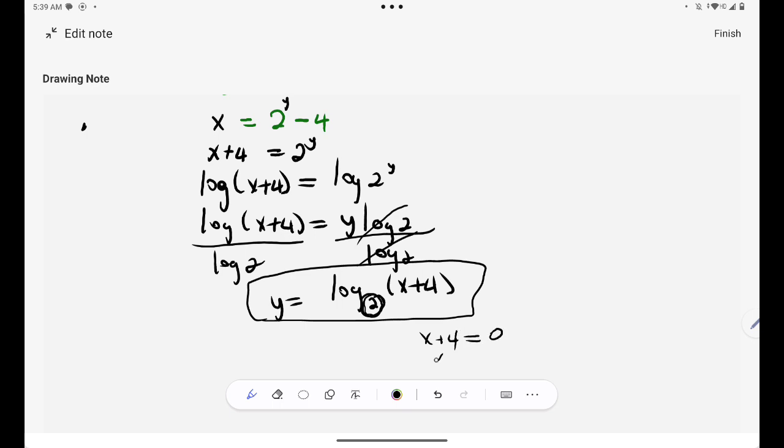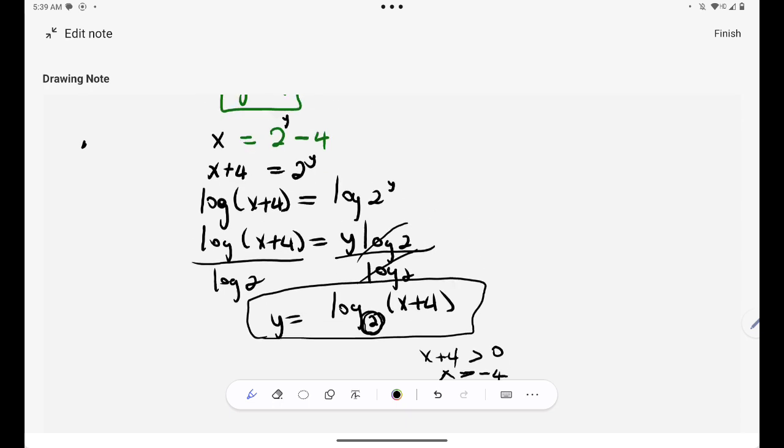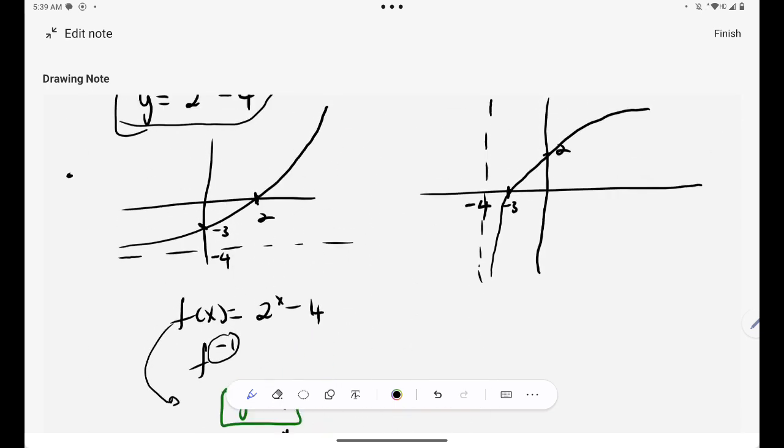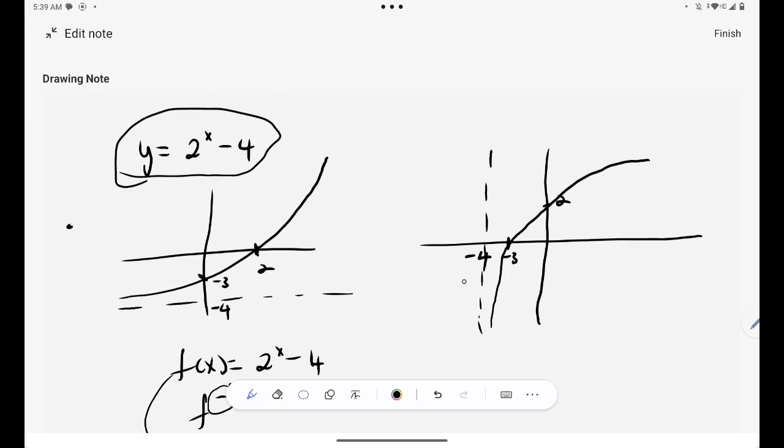I need to say, since I'm dealing with logarithms, x plus 4 is greater than 0. That means x should be greater than negative 4. Are we together? x cannot be negative 4. That means this line is the asymptote.